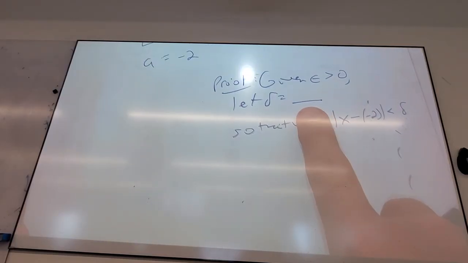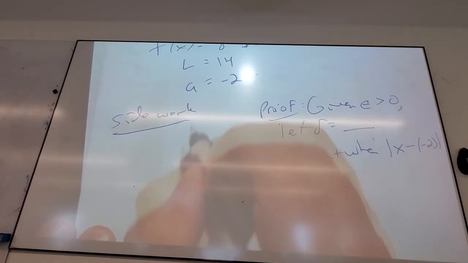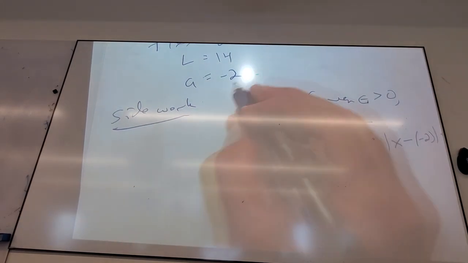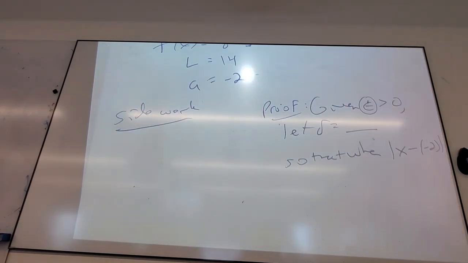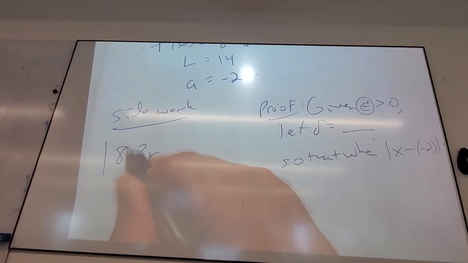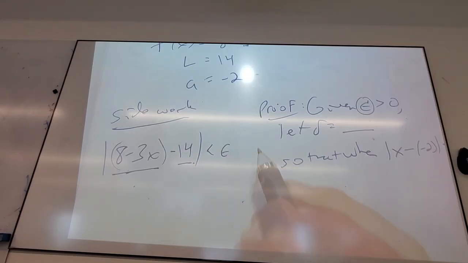The reason this is blank is because we have to do some side work. Somebody gives us epsilon, correct? Somebody comes along and says, I want you to be within 0.01 or whatever. They give us epsilon. So I know that the absolute value of 8 minus 3x minus 14, the distance between my function's output and 14, has to be less than what they said.